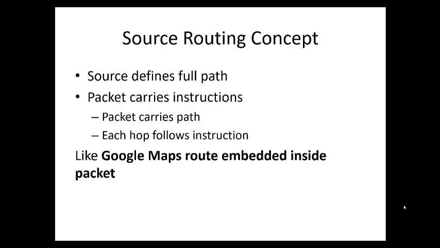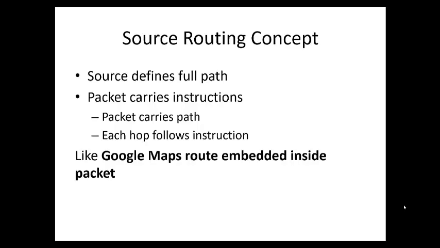The packet itself comes with the command, give me this, I want to go via this. And the router simply does that. Those instructions are given by the head-end router.